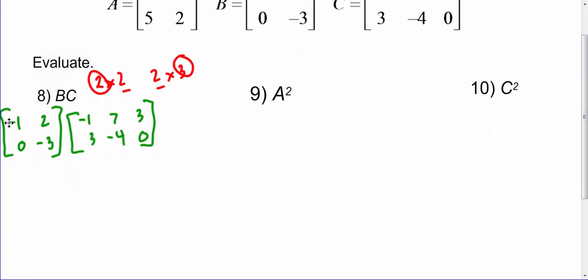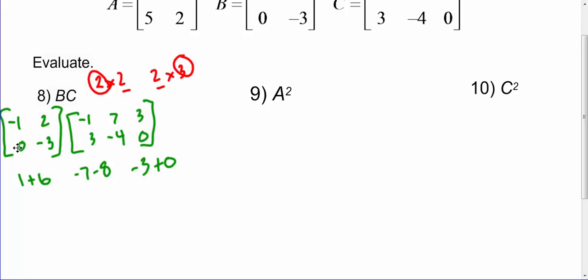Okay, so we're going to have negative 1 times 1 plus 2 times 3. Then we'll have negative 1 times 7 plus 2 times negative 4. And then we haven't run into this yet where we have a third column, but we have one here, negative 1 times 3 plus 2 times 0.